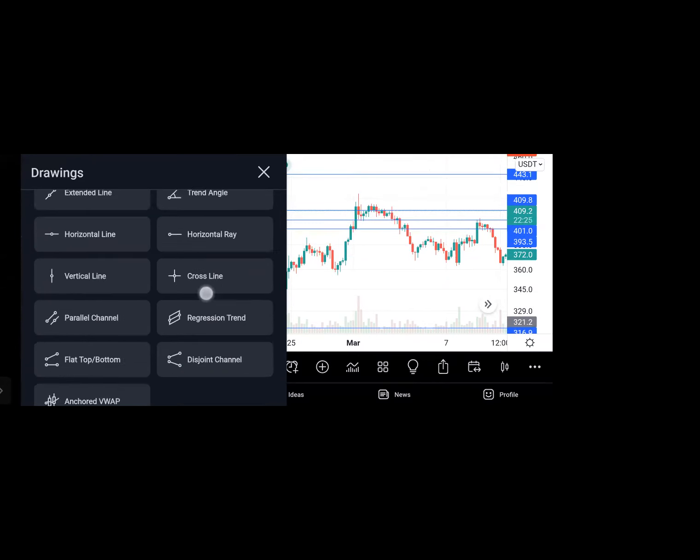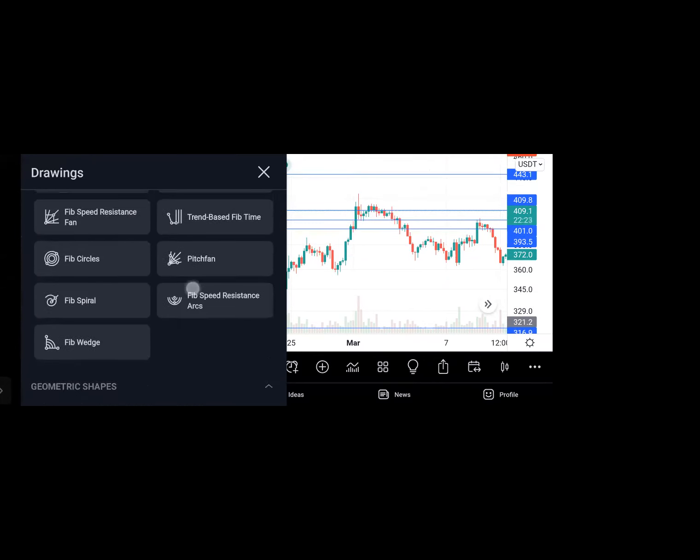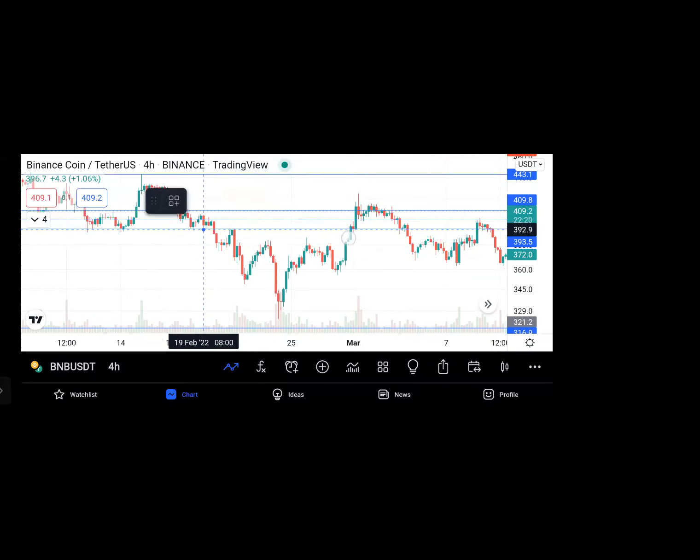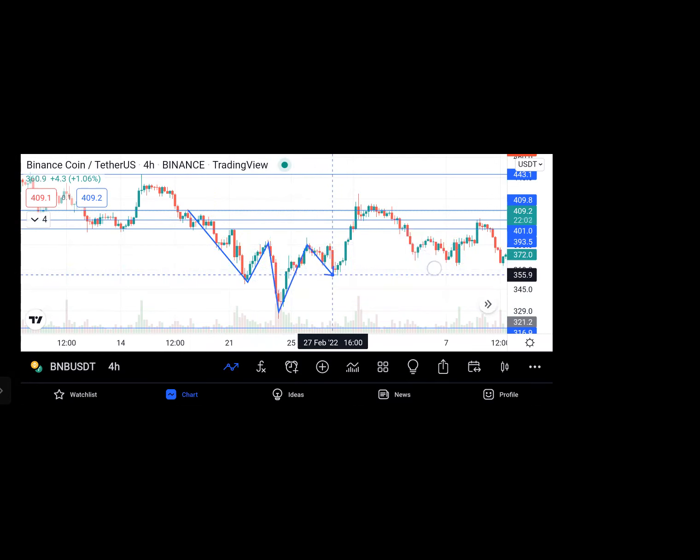Now look at the head and shoulder pattern that we identified already. Just so quick. The left shoulder bounces back here, pretty high. The head, the right shoulder, and boom.